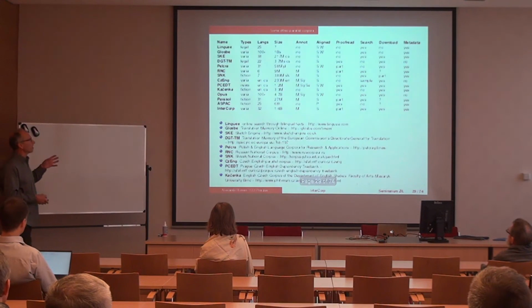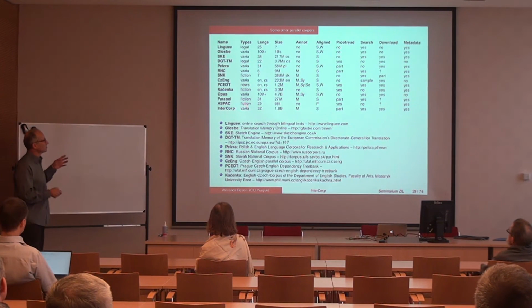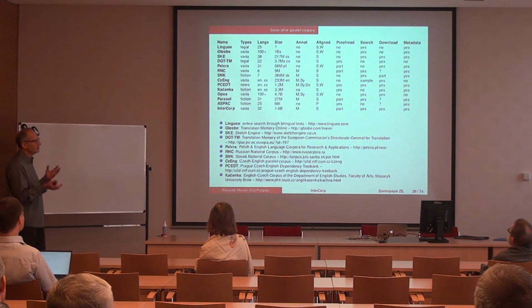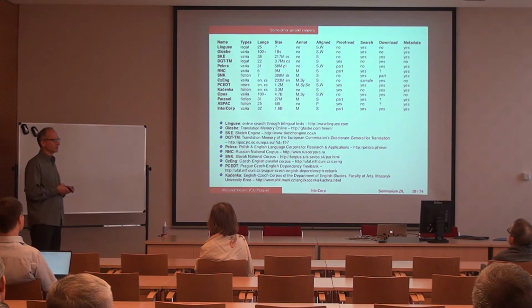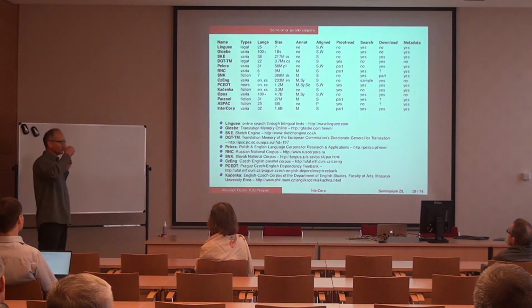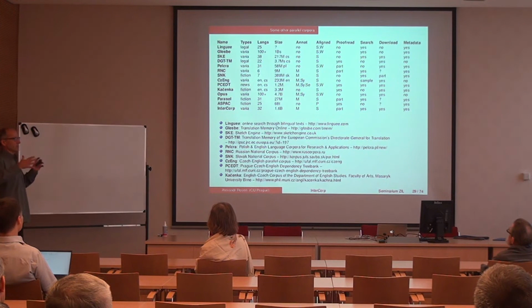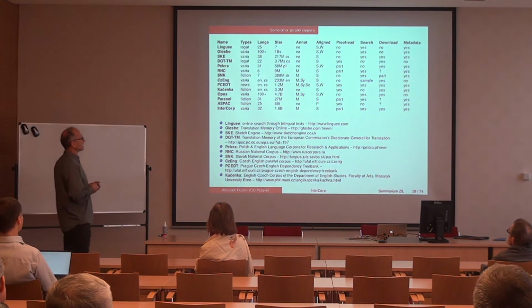So if you compare it with some other parallel corpora, there are quite a few around, and some are even bigger, but they do not really have, for example, the metadata. They are collected from freely available texts that are online.